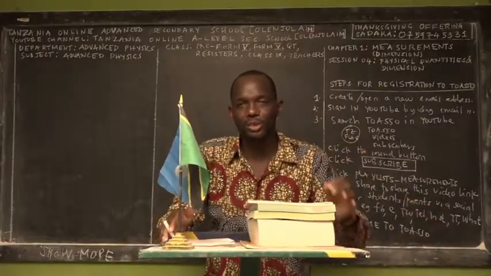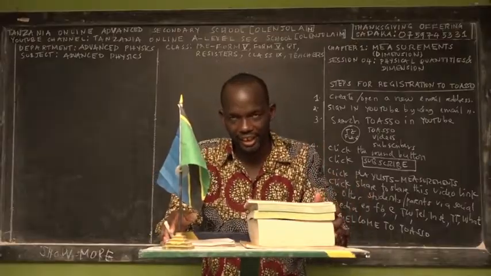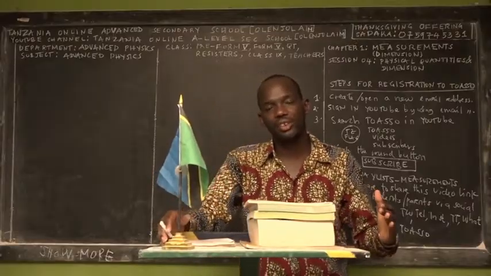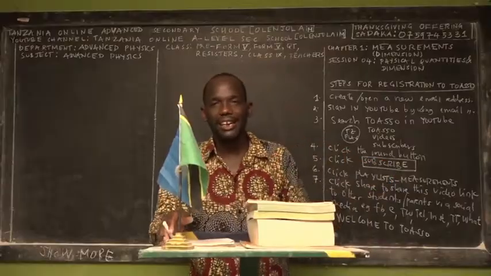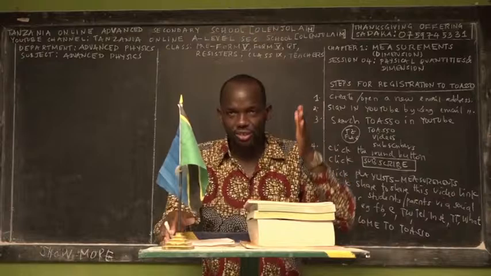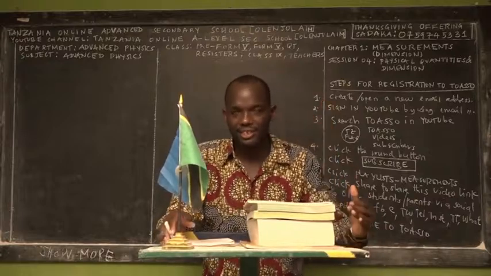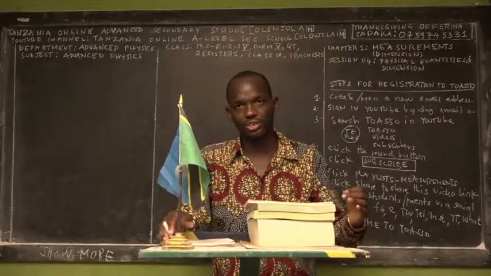I have a responsibility to teach you 8 subjects of advanced level. The first is Advanced Physics Form 5, and the second is Advanced Physics Form 6. The third is Advanced Chemistry Form 5, and the fourth is Advanced Chemistry Form 6.